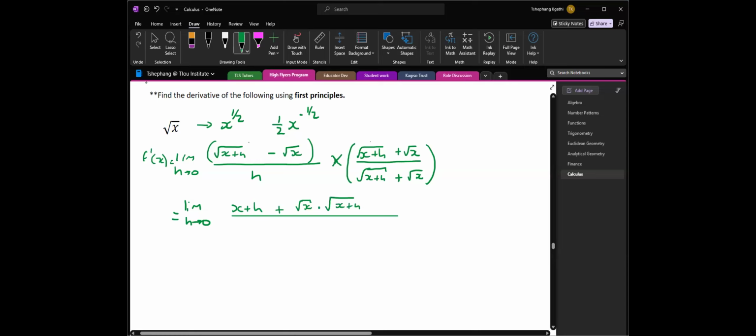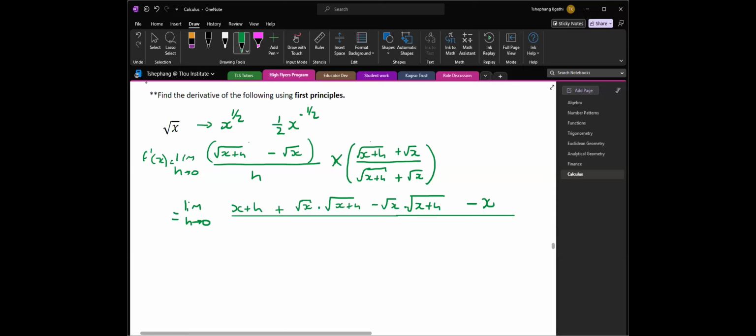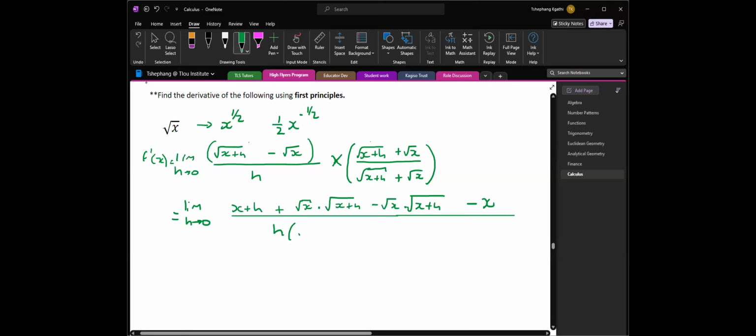Then inner, we're going to have minus root of x multiplied by root of x plus h. Then lastly, we're going to have minus x, because root x multiplied by root x is simply x. Now down here, we simply have h into root of x plus h plus root of x. I'm not going to multiply it out, I'm just going to leave it just like that.